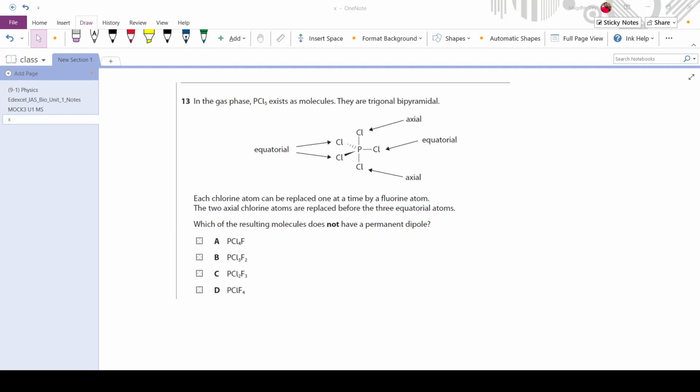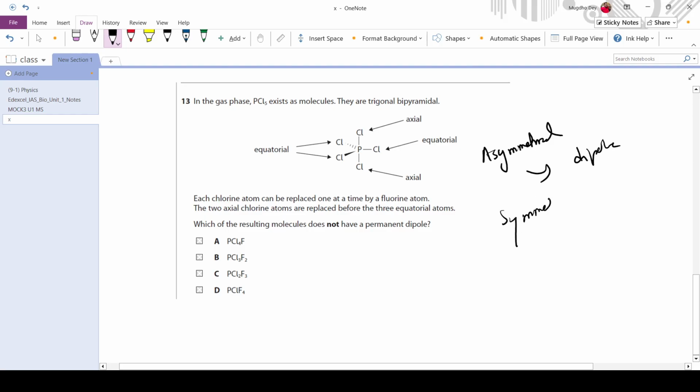Am I clear? I mean, we know this, right, Rakshit? Asymmetrical molecules will obviously have a dipole, and symmetrical molecules will have no dipole.